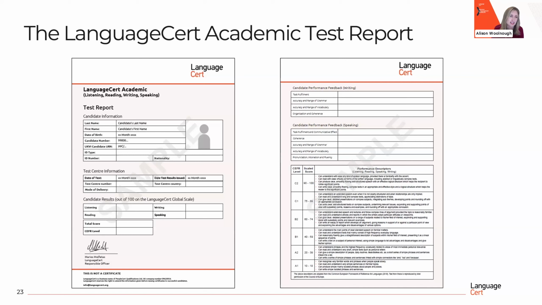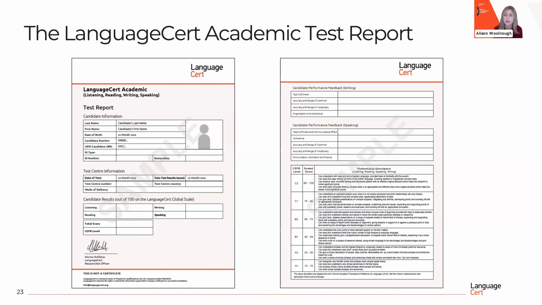The first couple of sections include information about the candidate, some obvious ones there, including a candidate number, the type of ID that they presented at the test, ID number, also things like the mode of delivery, so whether it was taken at a test centre or online as well. And we also include the candidate's test day photo, so that will appear on the score report as well. And then we go on to the scores.